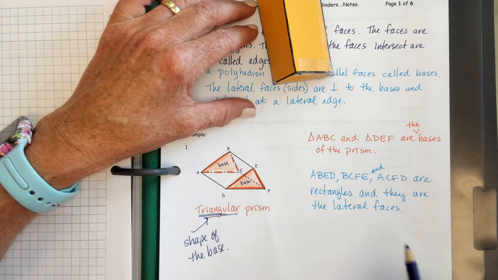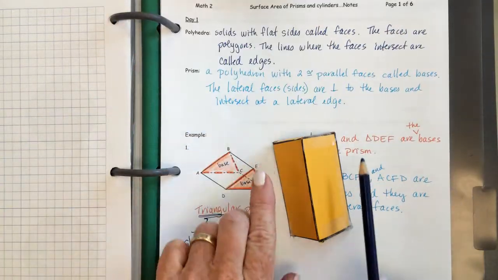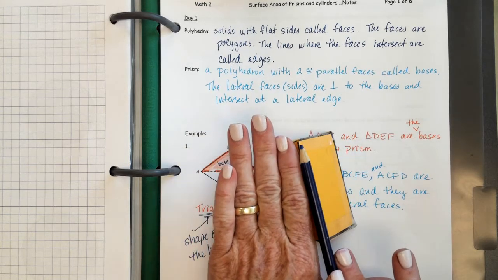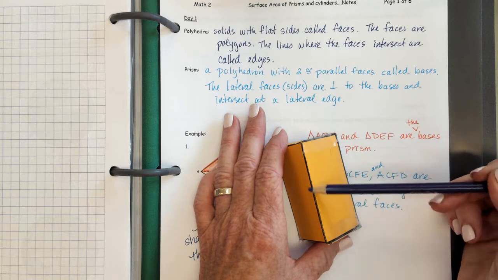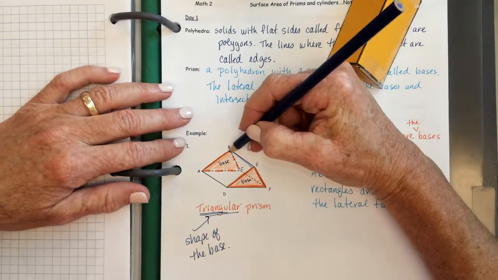The places where those lateral faces intersect or meet. So this lateral face here and this one over here, they intersect right there. That's a lateral edge. On the diagram, that's this one right here.